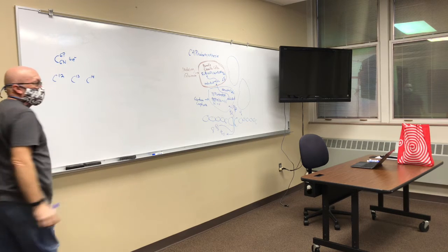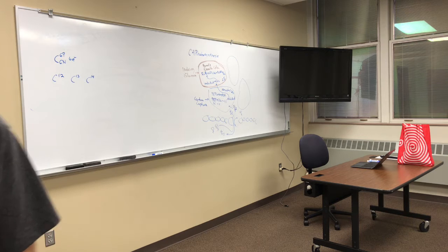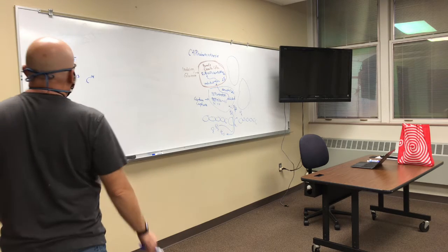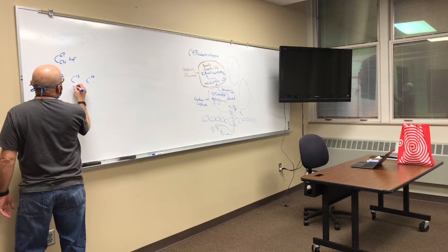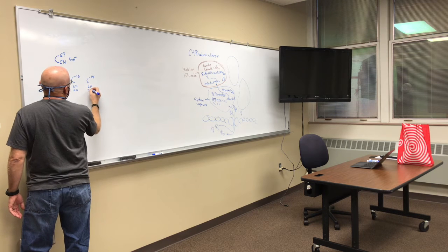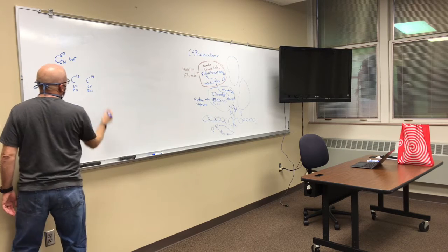What's the difference between C12, C13, and C14? The number of neutrons. Each of these has an additional neutron relative to the others. So this is 6 protons, 6 neutrons; 6 protons, 7 neutrons; 6 protons, 8 neutrons. So these are heavier.